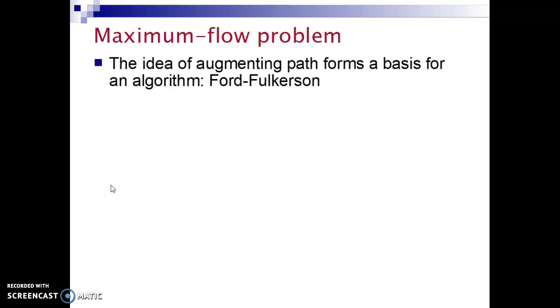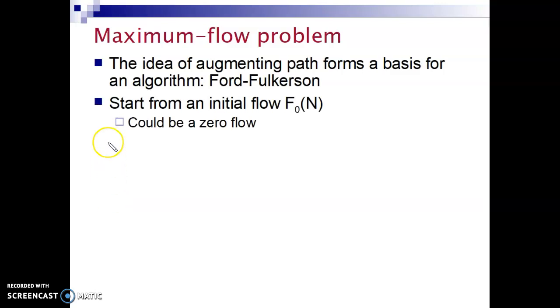This idea of augmenting paths forms a basis for an algorithm. That algorithm is by Ford-Fulkerson. It starts from an initial flow, say F0. This could be a zero flow, which means we can have only zero values all over the network for all edges.